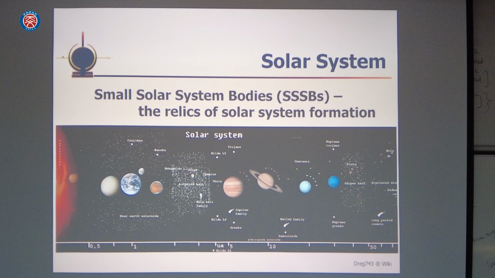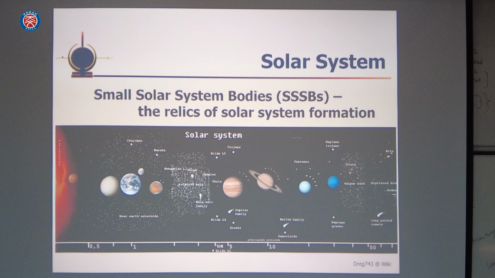This group is very interesting because we believe they share a similar or the same origin as TNOs. So studying them can tell us some important information about the solar system formation. We usually call small solar system bodies the relics of the solar system.